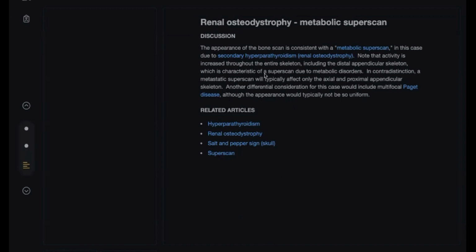Diagnosis, Dr. iPhone, diagnosis of the last case. I don't know which last case. The case before it was a super scan due to renal osteodystrophy.